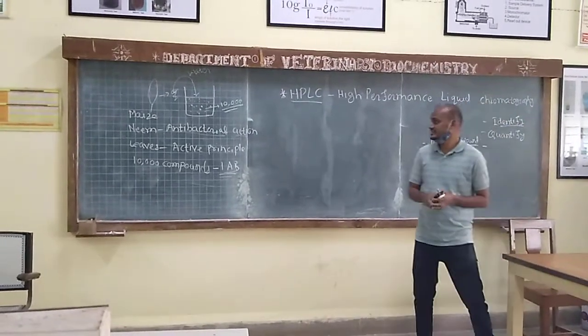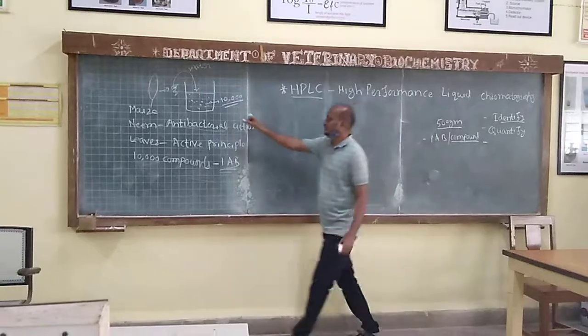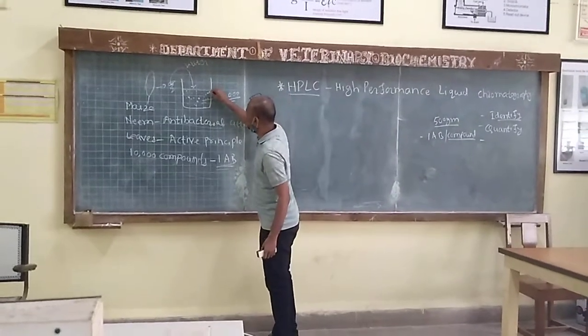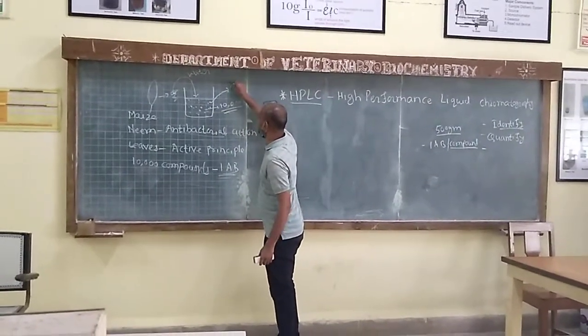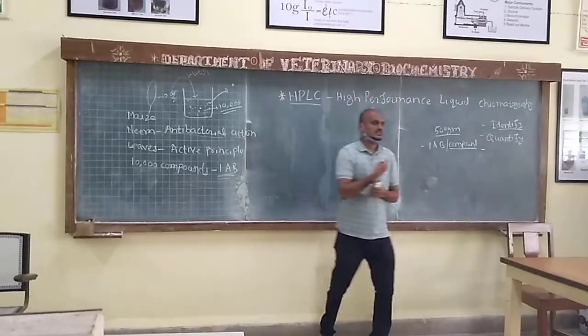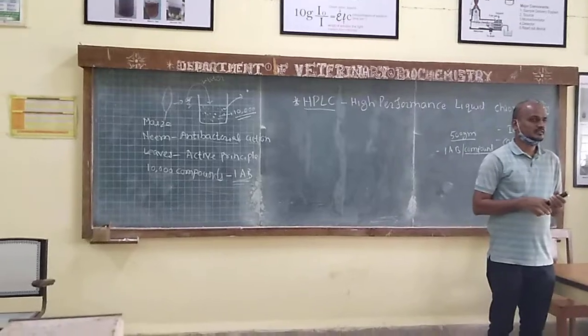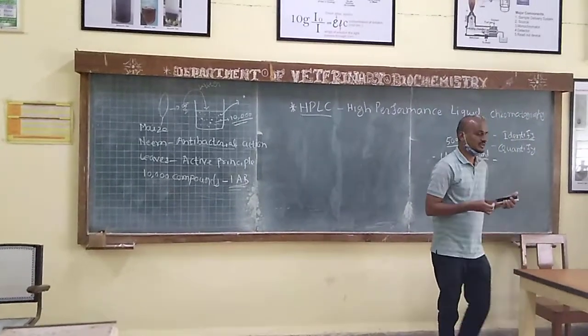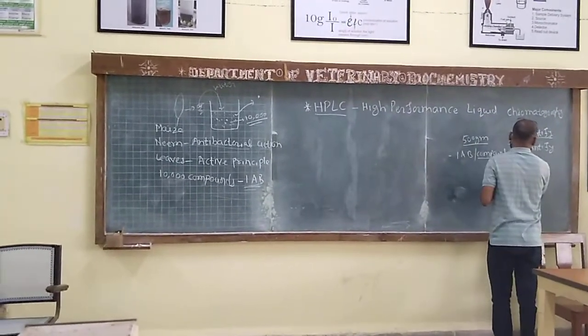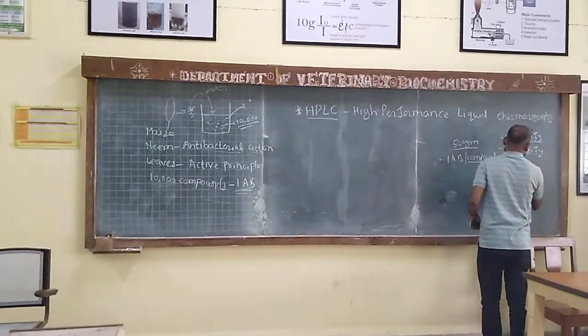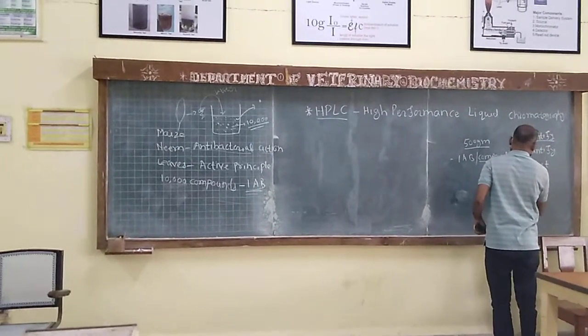So out of 10,000 molecules, for example, this molecule is only of our use. So this is our molecule. Okay. So what do you do with that molecule? Extract. We have to extract, separate, right?